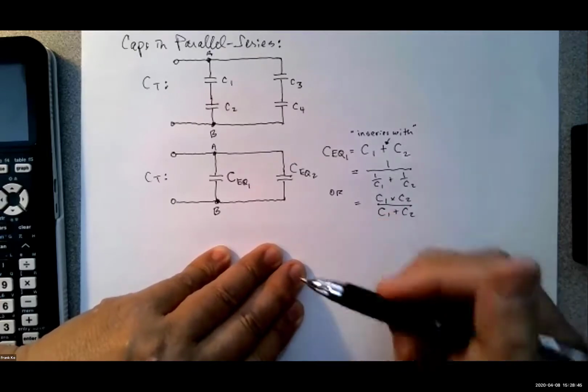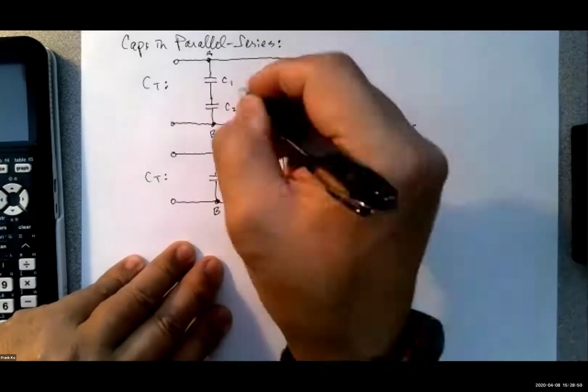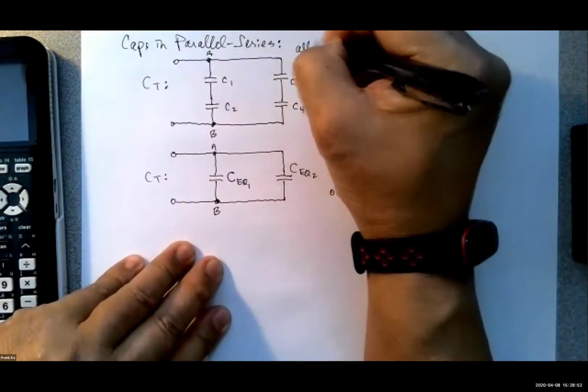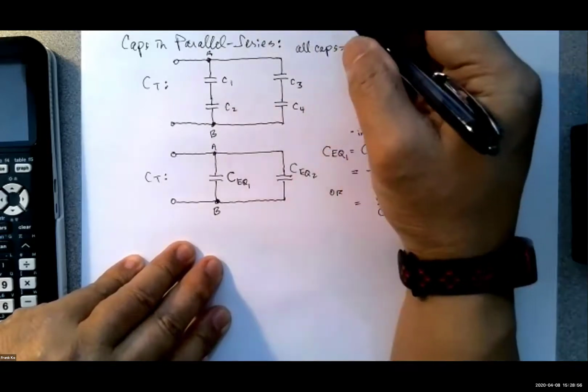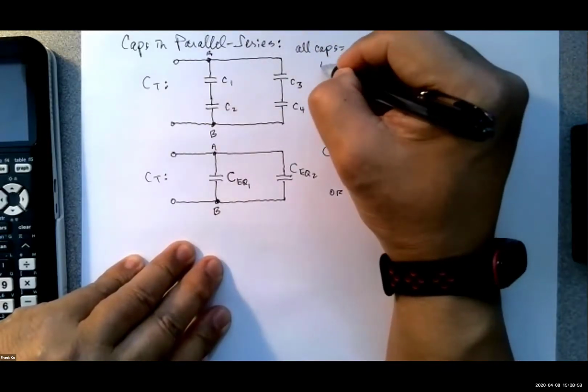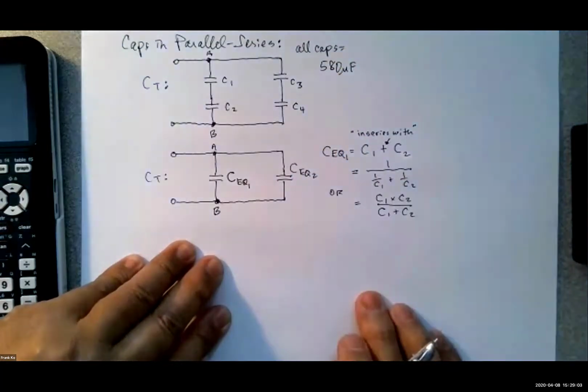So let's go ahead and pop in some values here so that you can calculate. Just for simplicity, let's make all caps equal to, let's say, 580 microfarads. So each one of these is 580 microfarads.